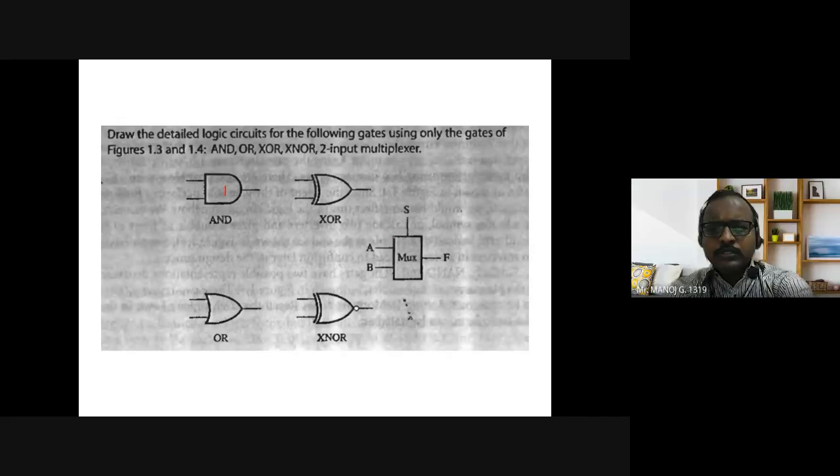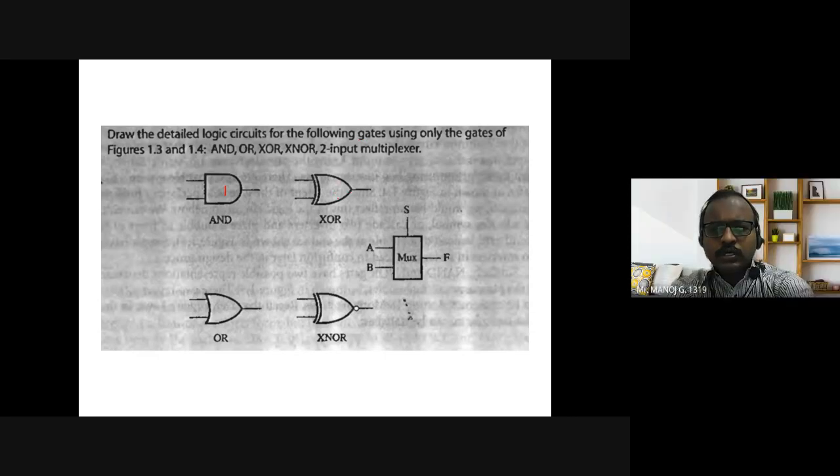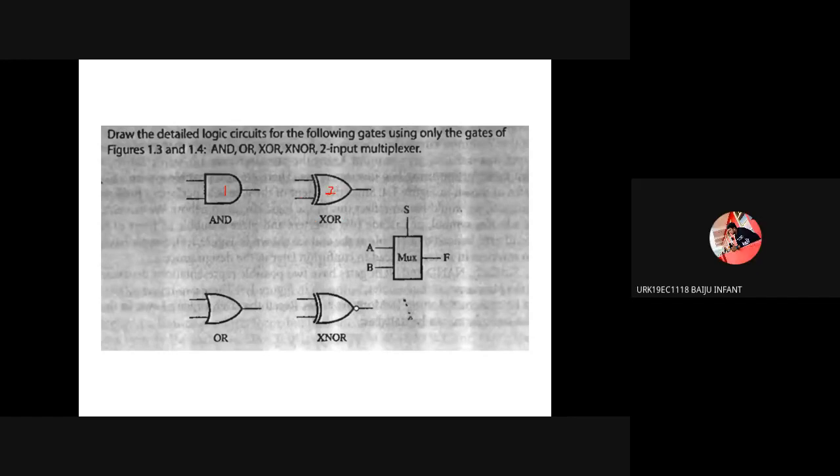Baiju, can you please tell me what is the expression for XOR gate using basic logic gates? What gate is this, Baiju? I'm talking about the second one over here. What is this gate?